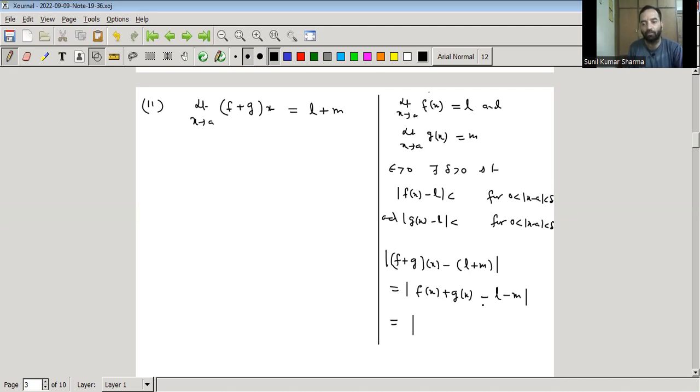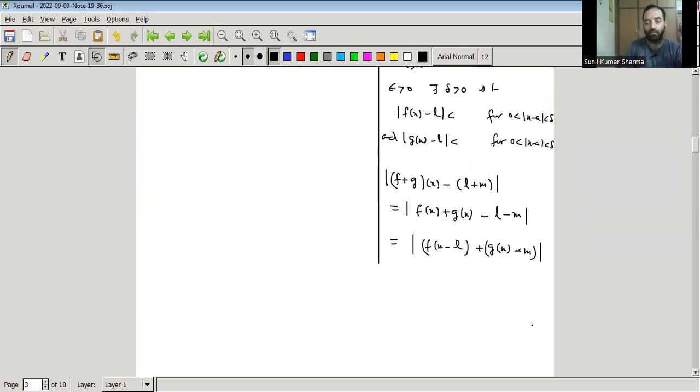Now f(x) goes to L as x goes to a, so limit of f(x) is equal to L. So we can combine f(x) and L. So f(x) minus L plus g(x) minus M. And we know that mod a plus b is less than or equal to mod a plus mod b.